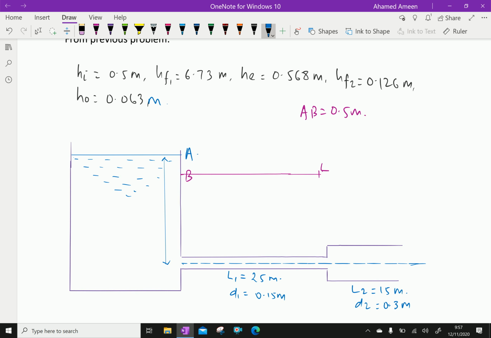This is the perpendicular, 6.73 meter, that is Hf1 here.